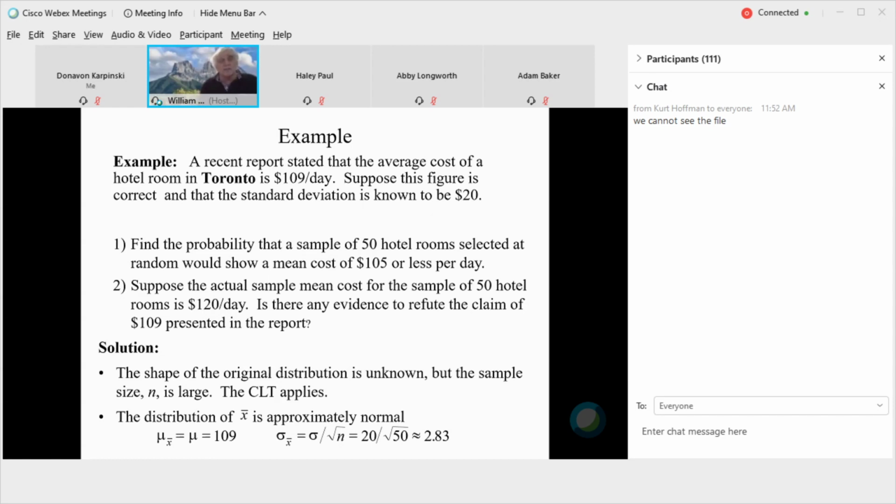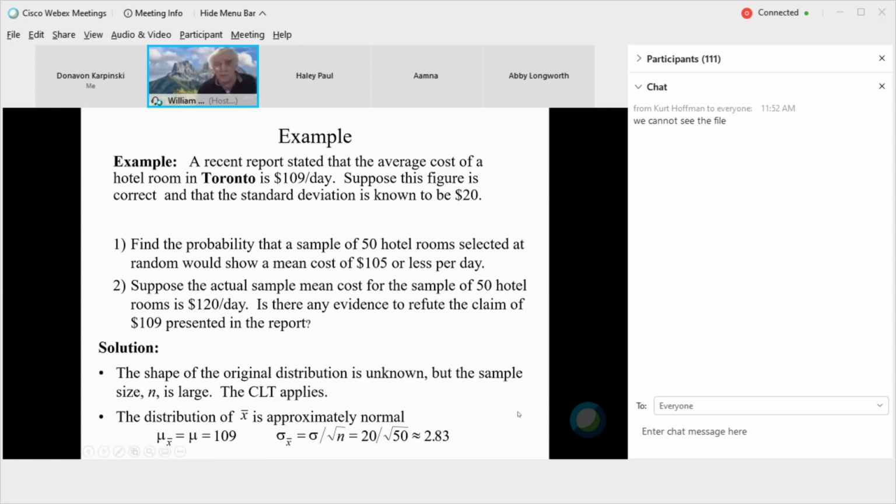Most hotel rooms have a small price, but there would be a few with a very large price. So it's unlikely that if I chose a hotel room at random and found its price, that observation would come from a normal distribution; it's probably coming from a positively skewed distribution.